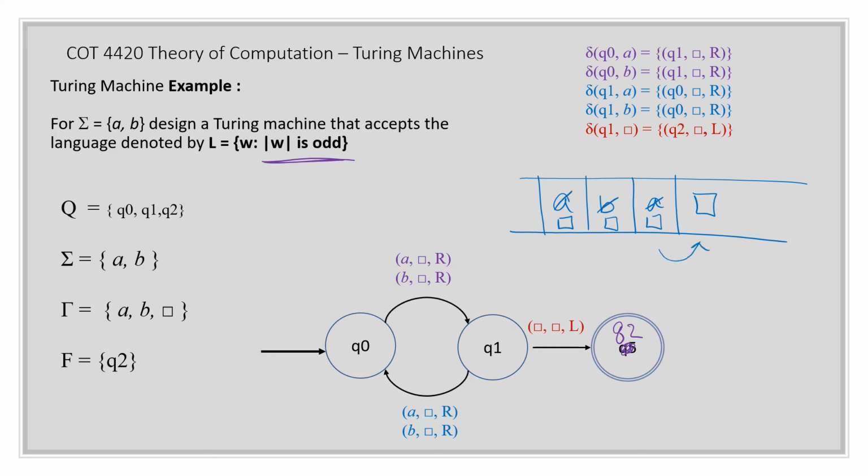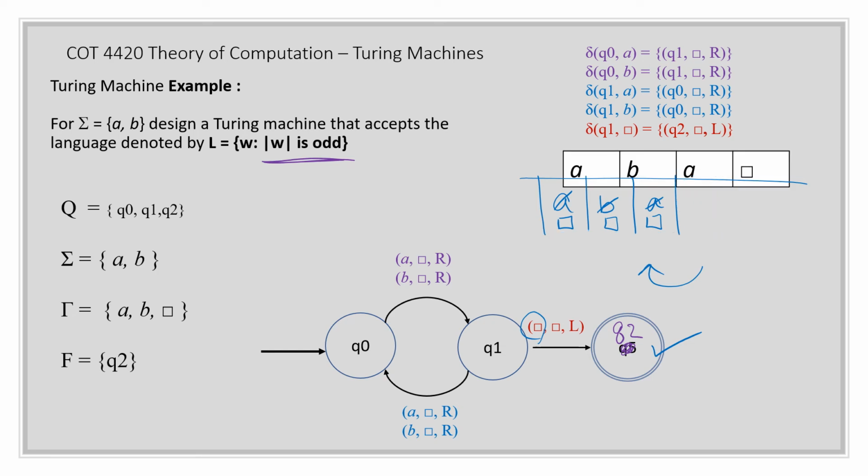Now that we have reached our blank here, we're going to move back left and go into the accepting state. You can also look at this: this is 1, 2, this is 3, 4, this is 5. So for any odd number of symbols in our string, you will eventually hit the blank at the end and go to the accepting state.